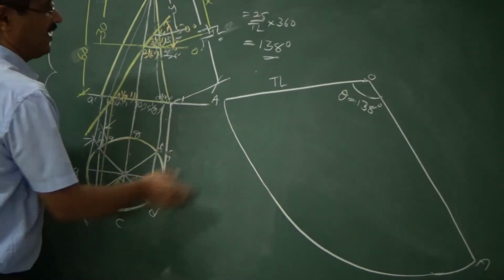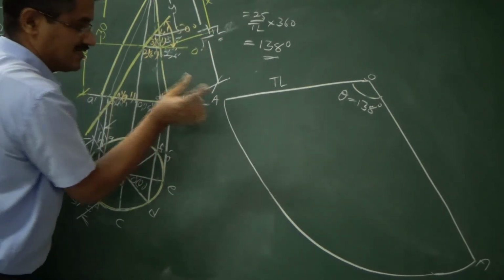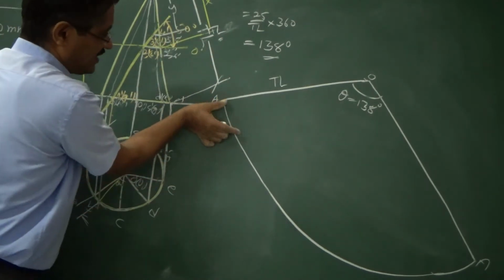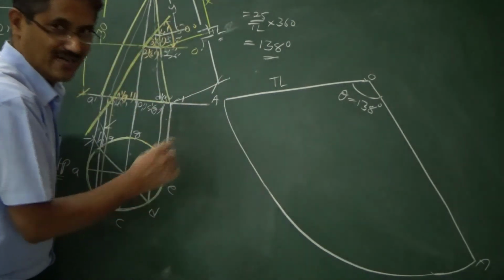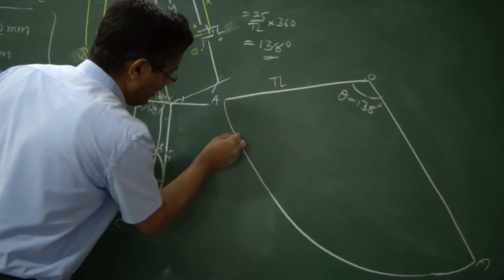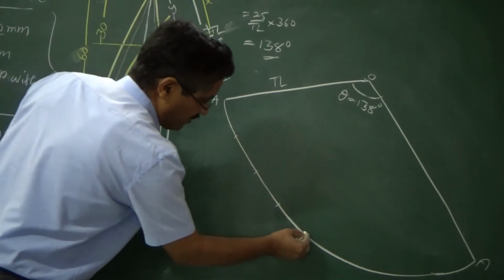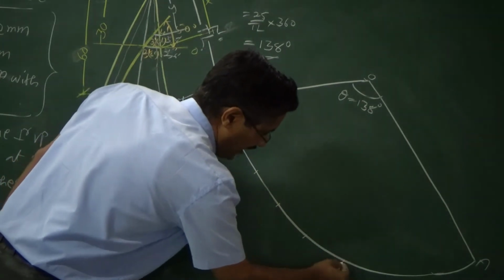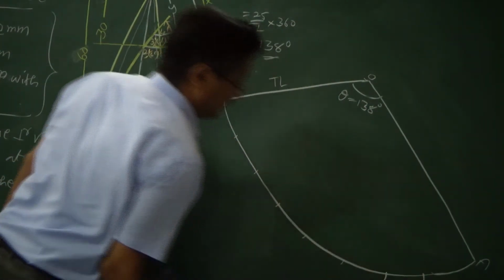So approximately you can take 138 divided by 8 and take that as a rough length and start trying it out here. But however, there should be a small adjustment to make this into equal parts. 1, 2, 3, 4, 5, 6, 7, 8.